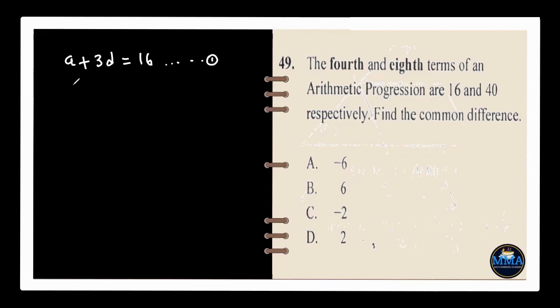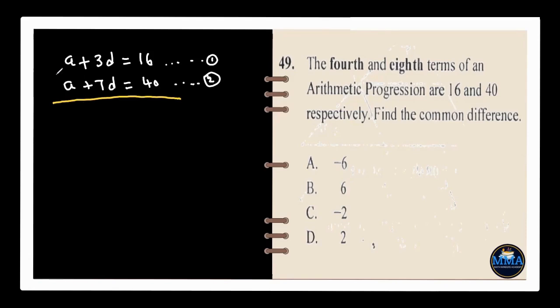The next is 8th term, that's A plus 7D. And that is 40, equation 2. Now this is simultaneous equation. Now we are going to solve this.